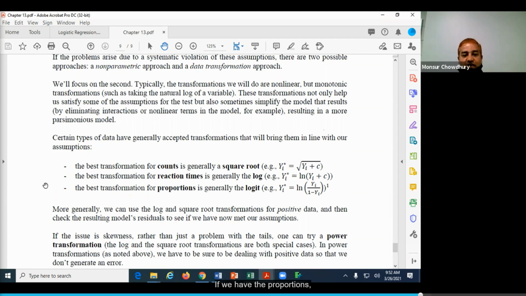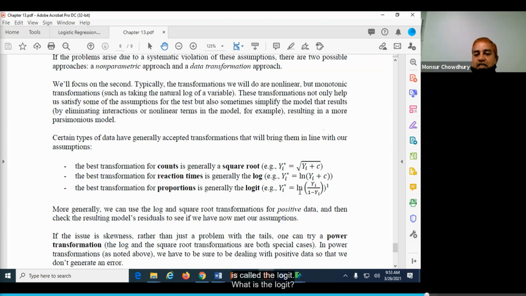If the response variable is categorical, a proportion, meaning it is between 0 and 1, we need a suitable transformation. In this case, our response is between 0 and 1 because it is the chance that someone subscribed to a newspaper. The probability cannot be above 1 or below 0, so the best transformation is called the logit.